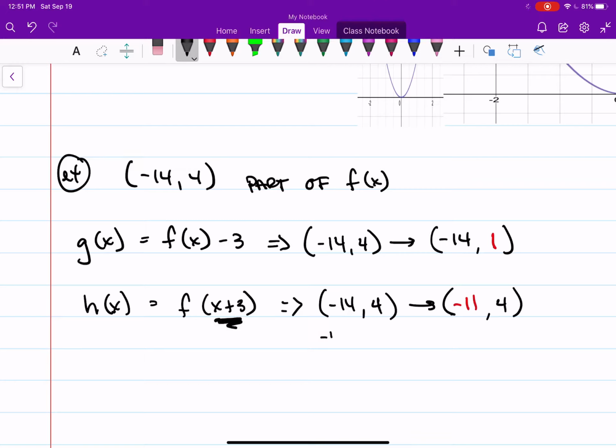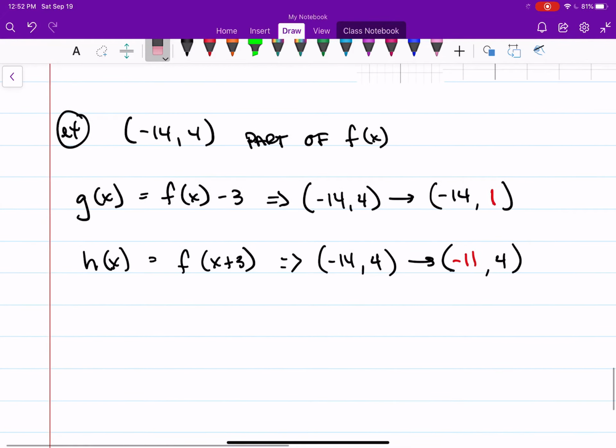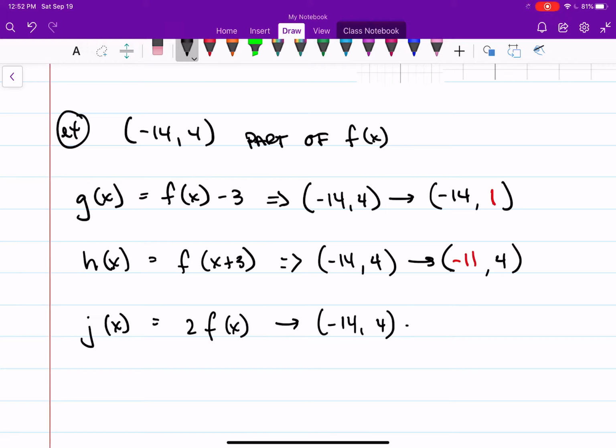So I took the x value, add 3. And that's all it was. All right, let's say j of x is equal to 2 f of x. So I take negative 14, 4, and that's now going to become negative 14, 8.